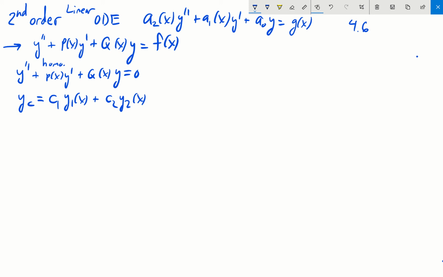Taking inventory of what we just did, analogous to first order linear systems, it's fair to ask if we now return and revisit the non-homogeneous differential equation. How do we come up with the particular solution in this case? The answer is we want to ask the following question. Can we find y sub p by taking our complementary solution and once again replacing these constants with functions of x?